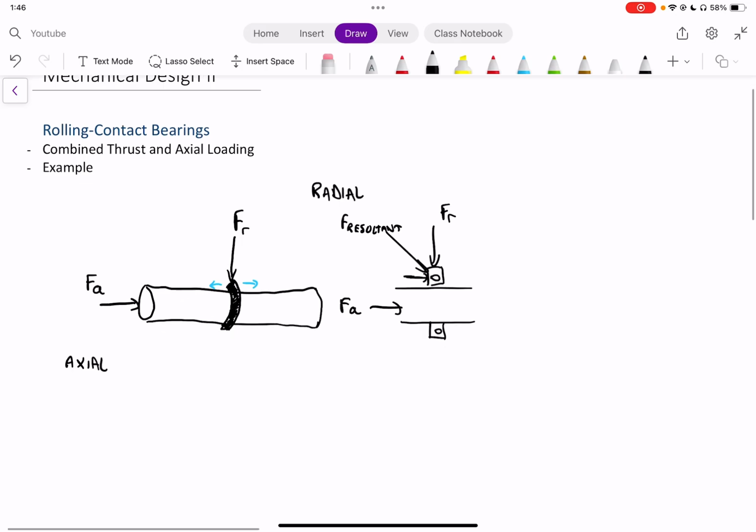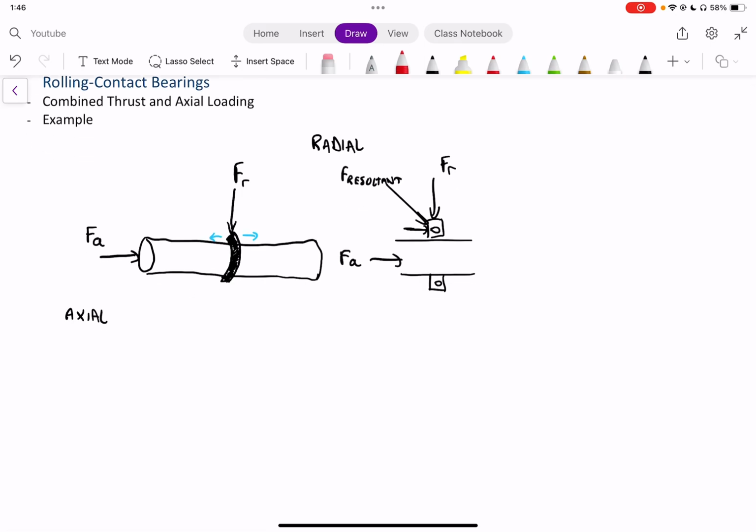Whenever we have combinations of loadings, we actually come up with a new term called F sub E, which is representative of the equivalent radial load.